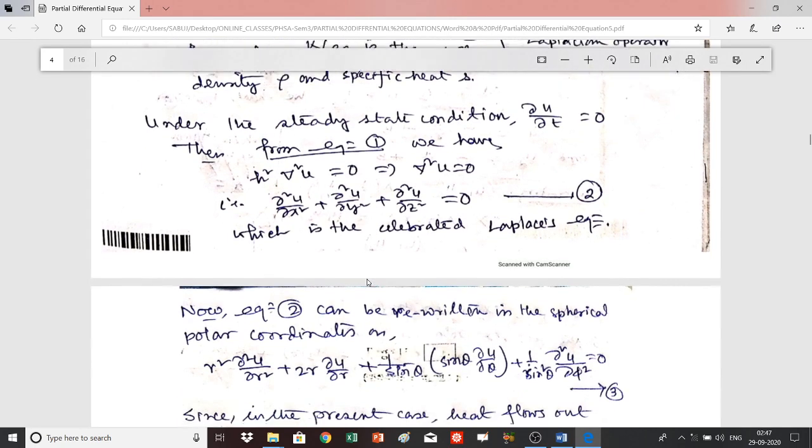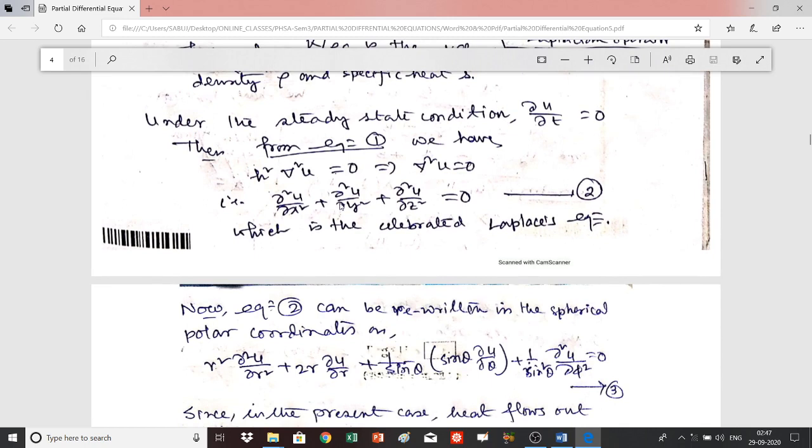Now it is better to solve this type of problem in spherical polar coordinates. So if you write this expression in spherical polar coordinates, you have to first recall the Laplacian operator in spherical polar coordinates, which can be written as r² ∂²/∂r² plus 2r ∂/∂r plus 1 by sin θ ∂/∂θ plus 1 by sin²θ ∂²/∂φ², that is equal to 0.